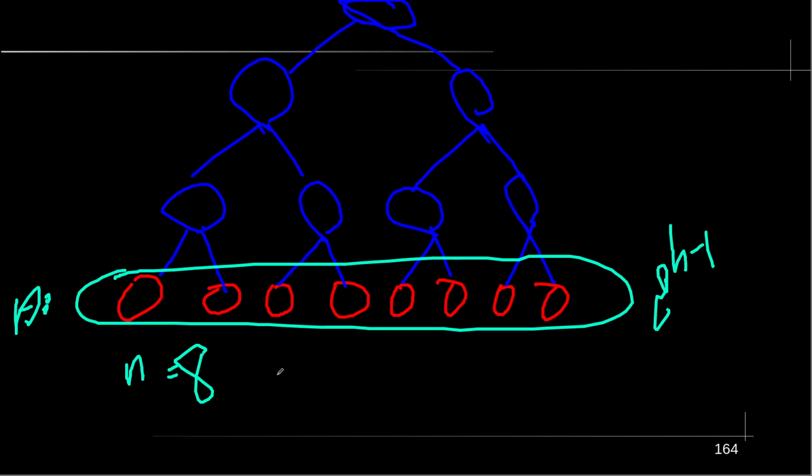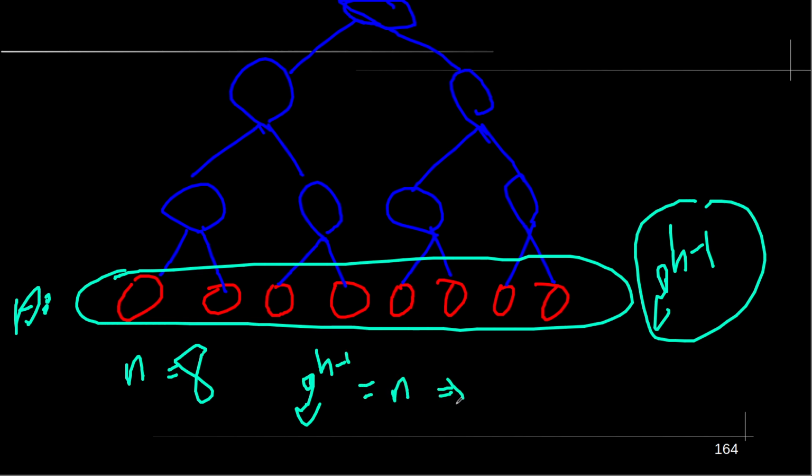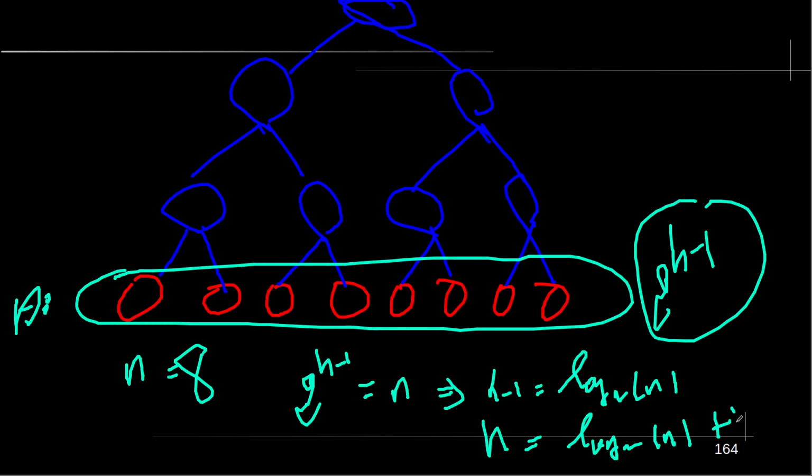If n is a power of 2, then this is equal to n. So 2 power h minus 1 is equal to n, which means I can compute h now, it's very easy. h minus 1 is equal to log base 2 of n. So h is equal to log base 2 of n plus 1.